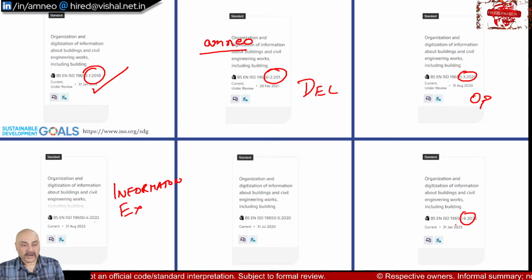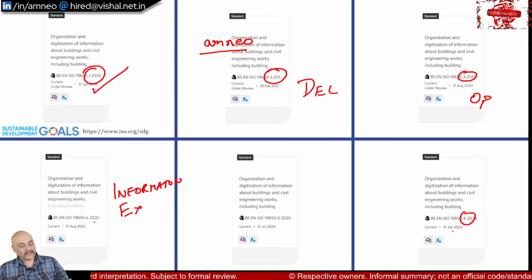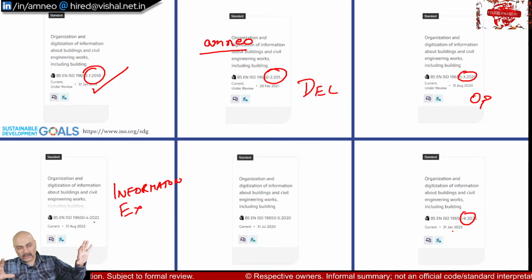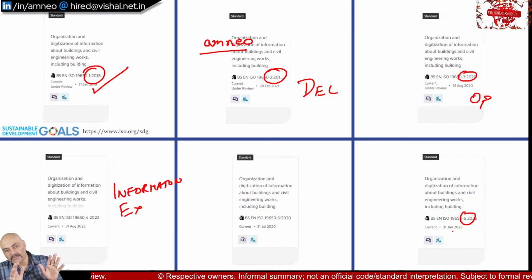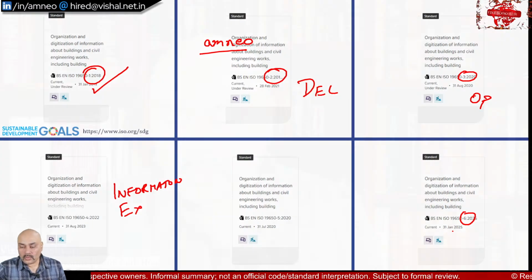Then Part 6 talks about health and safety. Now, why ISO 19650 is important is because an engineering organization working in a built environment, be it a civil contractor, an MEP contractor, or a subcontractor of them as well, can always come and be a part.